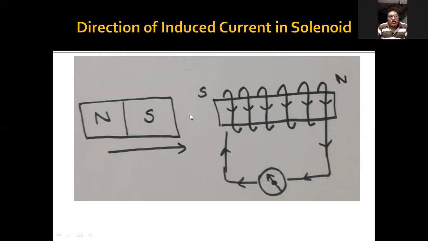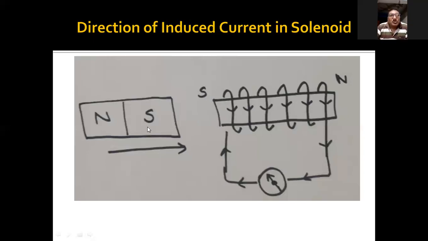So a south pole is approaching the left side of the solenoid, and when this happens, the current will be induced here, and an electromagnet will be induced on the solenoid. On the left side, a south pole will be induced, and on the right side, a north pole will be induced. How do I know that here a south pole will be induced? Because this south pole is approaching this side of the solenoid.